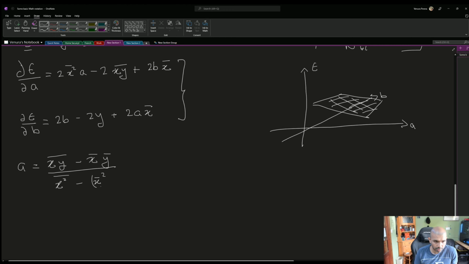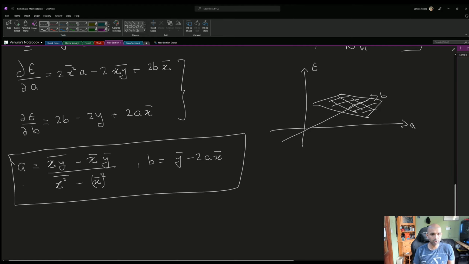Now do make sure that you can see the difference between these. And then our b is quite simply going to be y bar minus 2ax bar. So there you go. That is then the way to find your minimum values, and we get our a and our b. Okay.